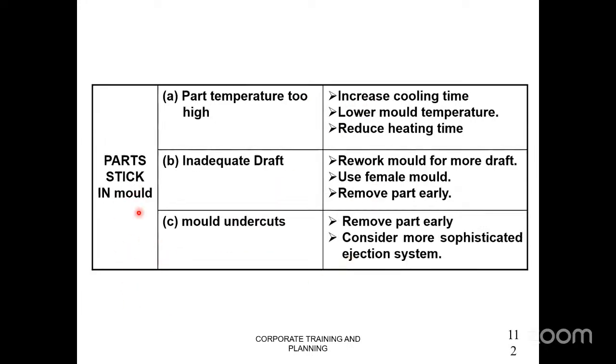Parts stick in the mold. This is a very important one. Why? Because the temperature is very high. Therefore, inadequate draft. Whatever the mold design, there should be a proper draft. The mold undercuts, due to that also the part will stick to the mold.